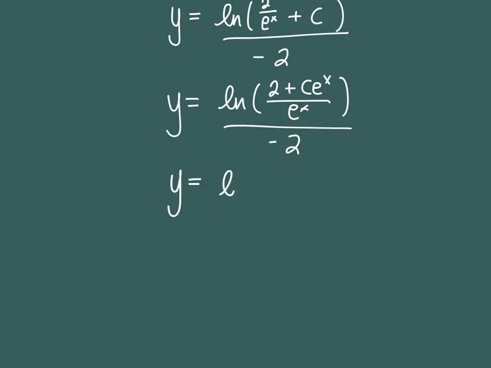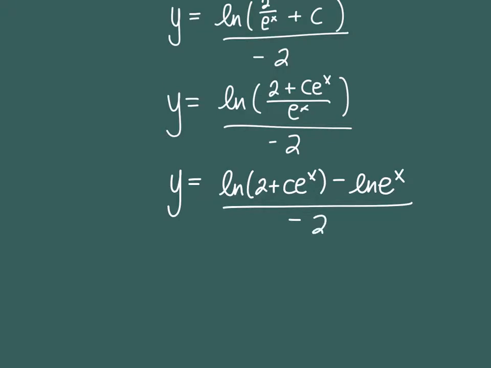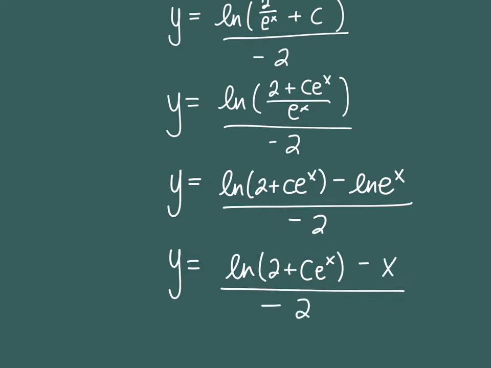So you could do ln of 2 plus c e to the x minus the ln of e to the x all over negative 2. And what's the ln of e to the x? So then you could say this is the natural log of 2 plus the constant times e to the x minus regular x all over negative 2. So I suppose you could if you wanted to. I'll keep it. Okay.